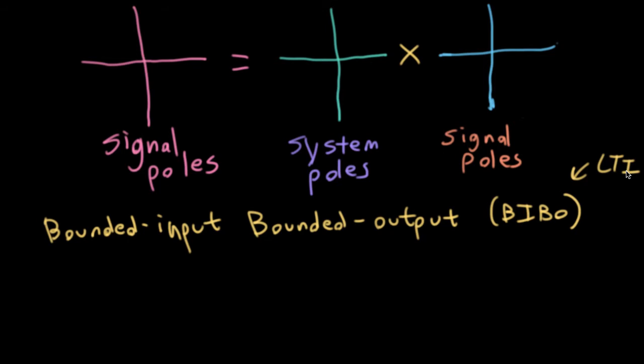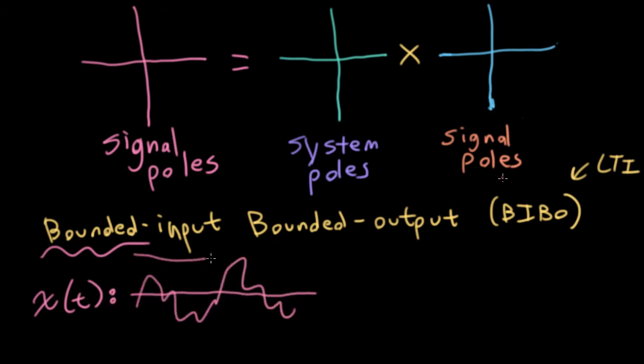If you want to learn about stuff like that, you pretty much need to go take a graduate level class in nonlinear control theory. We're not going to get into that here. We're studying linear time invariant systems exclusively at this point, so we're just going to worry about bounded input, bounded output stability. So first, I need to talk about what we mean by bounded.